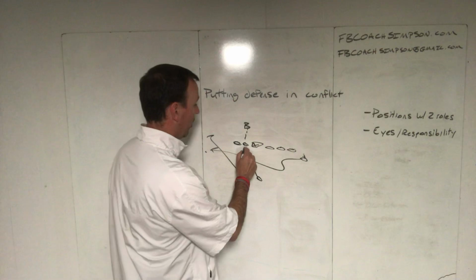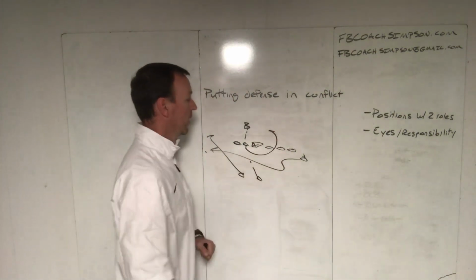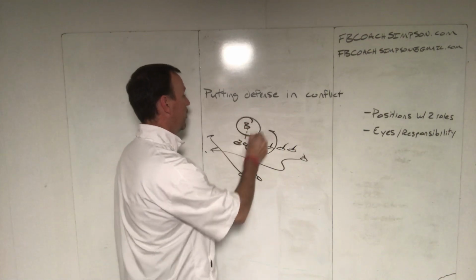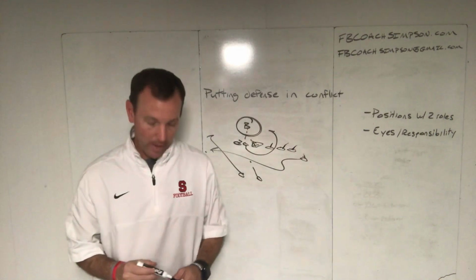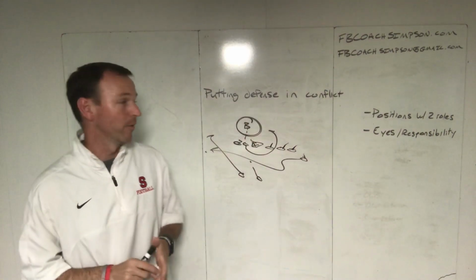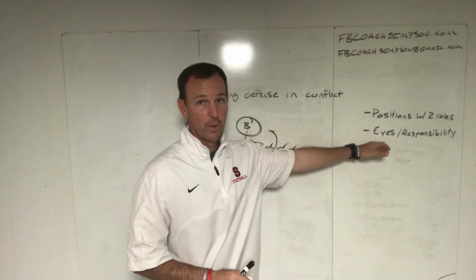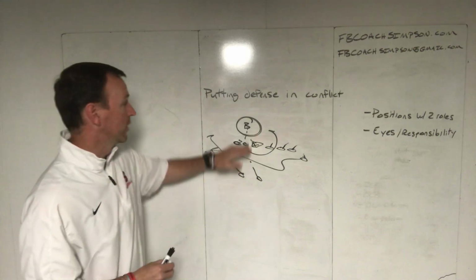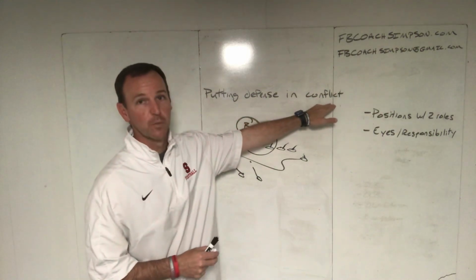So we're going to take our guard and maybe wrap him here and block another play over here and see what he is doing. That allows us as an offensive staff to figure out where his eyes are going, what his responsibility is, and then we can put this kid in as much conflict as possible.